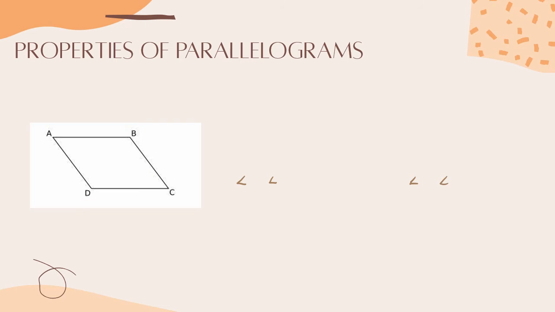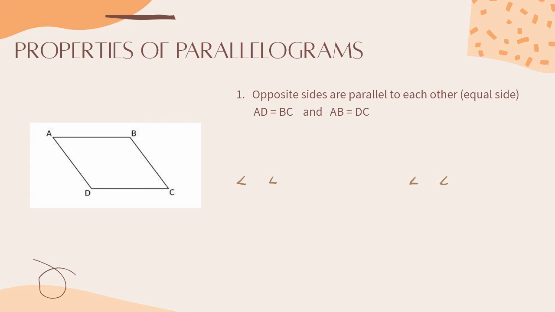So let's just quickly recap the properties of parallelograms which we have learned. So we have a parallelogram here labeled as A, B, C, and D. The first one is opposite sides are parallel to each other. They are equal sides.